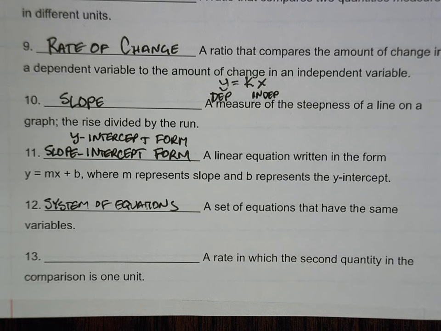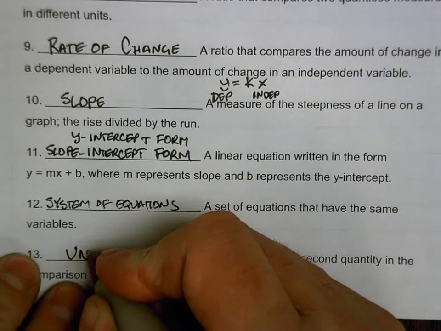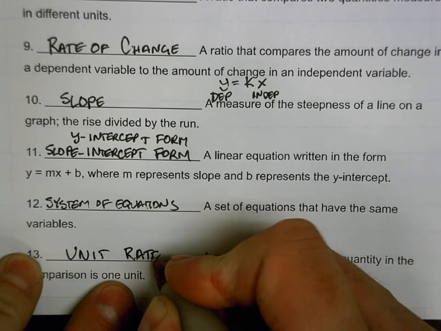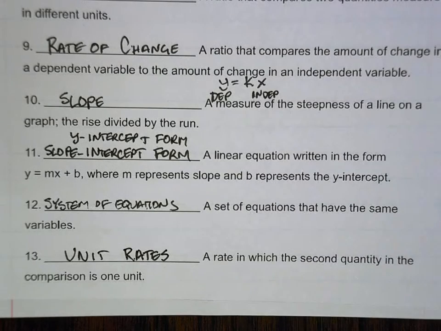Okay, let's go to the last one. A rate in which the second quantity is a comparison to one unit. So, let's go back to before, when I was talking about a rate, like miles to gallons.